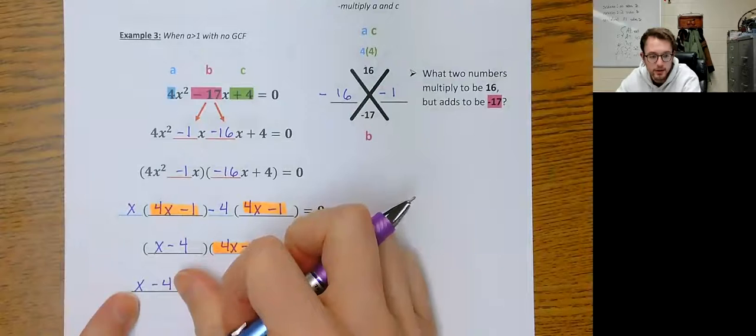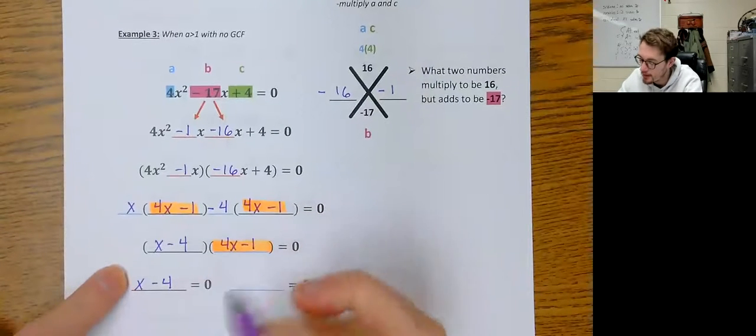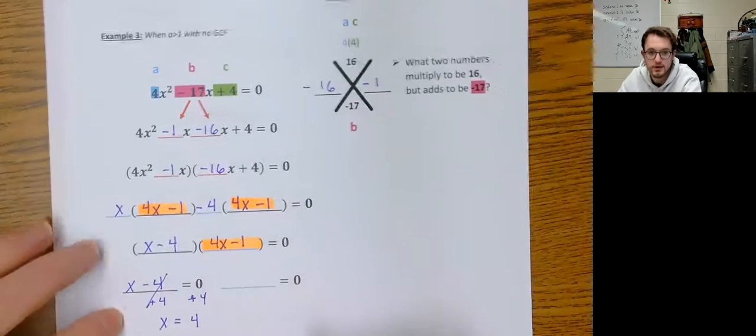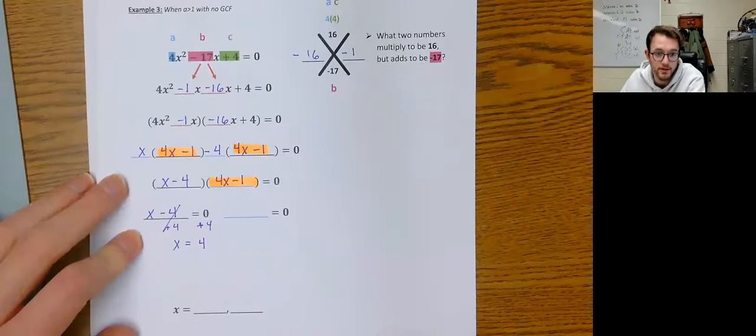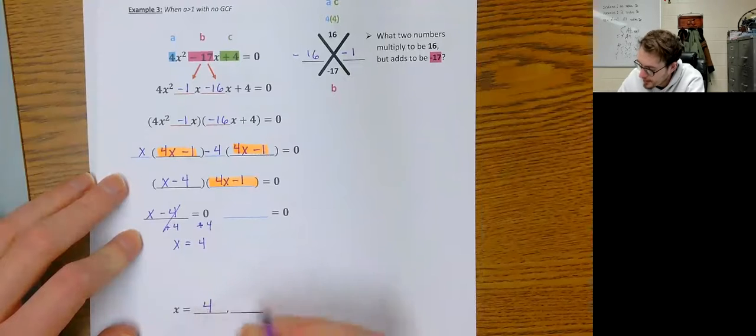Like, I already know this answer is 4. But why is it 4? Well, because when I set it equal to 0 and I add 4 across, because I want to cancel that out, I get x equals +4. So I would get x equals 4.